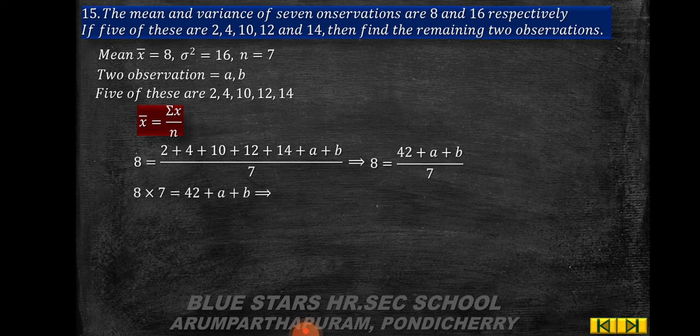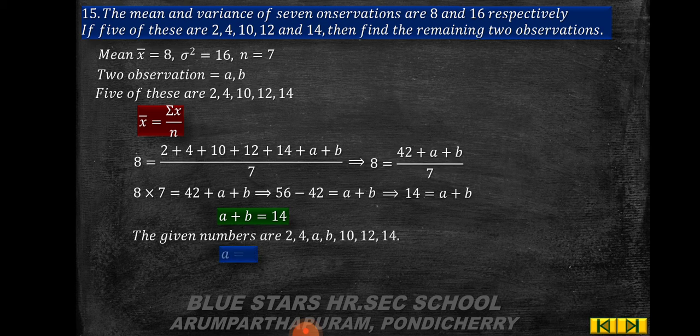Then cross multiplication, 8 into 7 is equal to 42 plus A plus B, which implies 56 minus 42 is equal to A plus B. Now subtracting 56 minus 42, you get A plus B is equal to 14. So from this, A plus B is equal to 14, that is your equation 1.